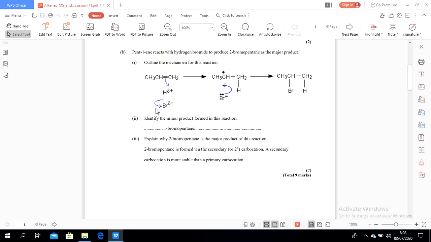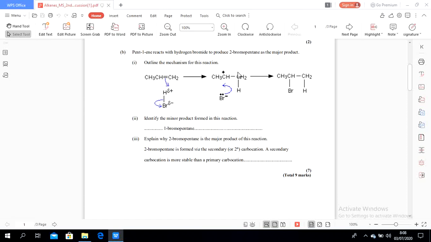That makes the bromide become a nucleophile. And then the hydrogen electrophile will attach to the carbon that already has the most number of hydrogen atoms, which is on the right hand side. So as we can see here, these two are called the intermediate reactions.